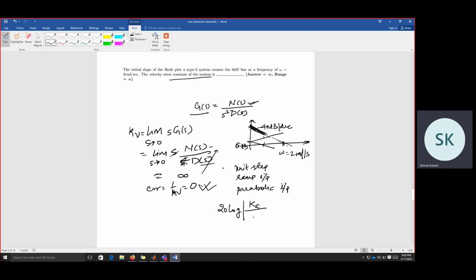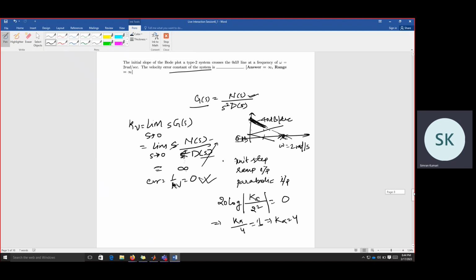Because we are talking about the initial slope, and this crosses the 0 dB point at omega equal to 2 radian per second, it is 2 square. At this frequency, the value of G(j omega) is 0 dB. So K by 4 is equal to 1, and K will be 4. So we can find the acceleration error constant for this system. Okay, so what is the value of Kv that we had to find? This is infinity.